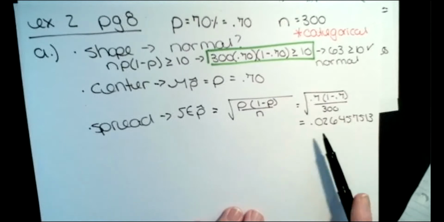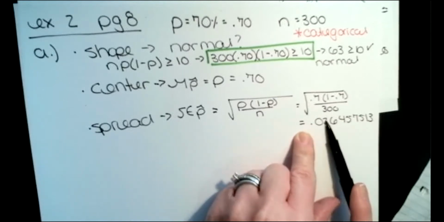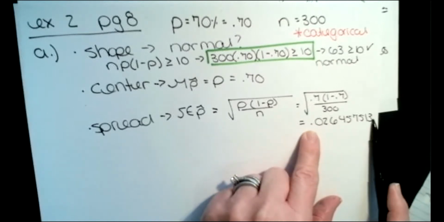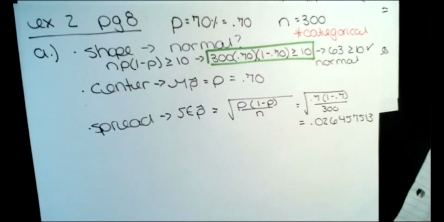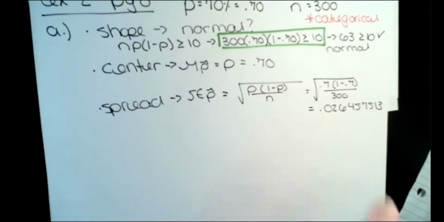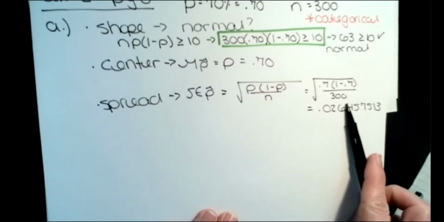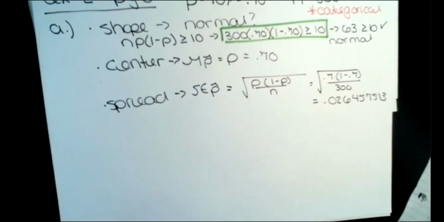If you rounded this to 0.026 and I kept it with 9 decimal places, then you might see a slight difference in your answer and your probability. So I actually like to use a lot. Now, if you've had class with me before, I always allow for it: if someone did it this way and rounded to 3 decimal places, then I would calculate the answer based on that for grading a test.